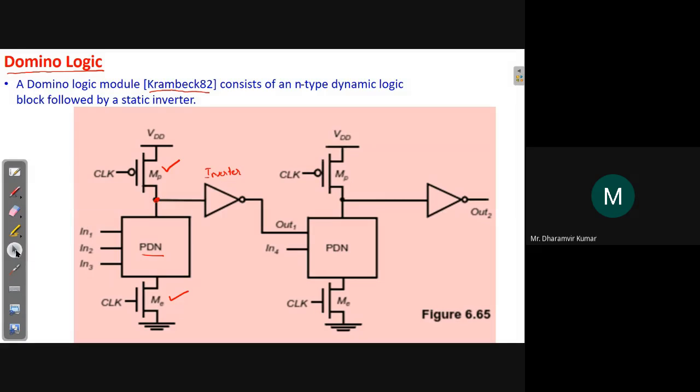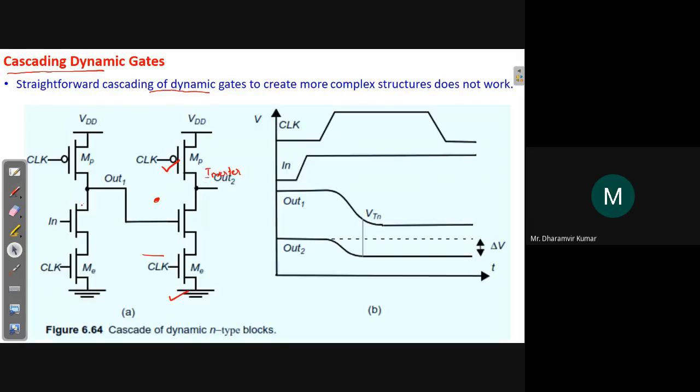just for a quick review, what impact would this have here? Look at this. If we had an inverter connected here, the output was 1, and it is changing from 1 to 0.